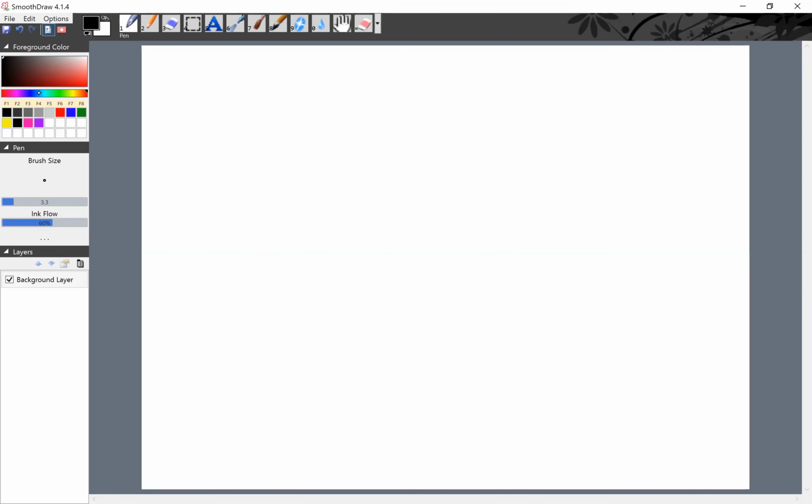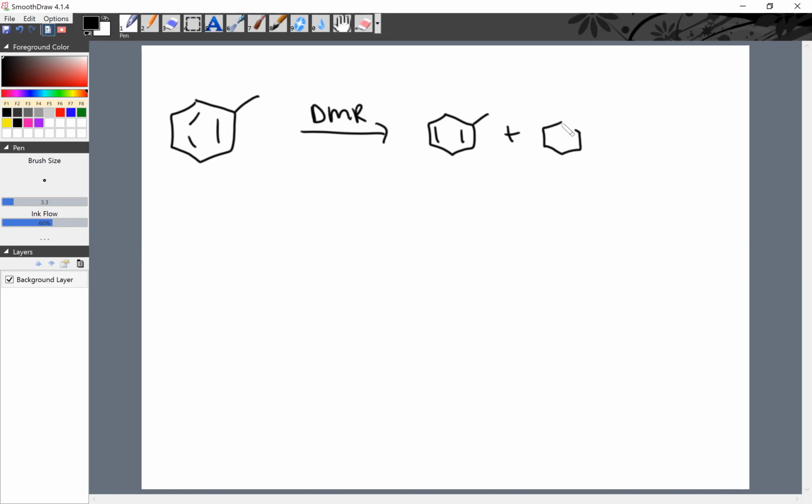I don't have a whole mechanism for you for the benzene, but I do want to point out one important thing. And you already knew this, but when you do dissolving metal reduction, if you have a substituted benzene, I could have ended up with that, or I could have ended up with that one.